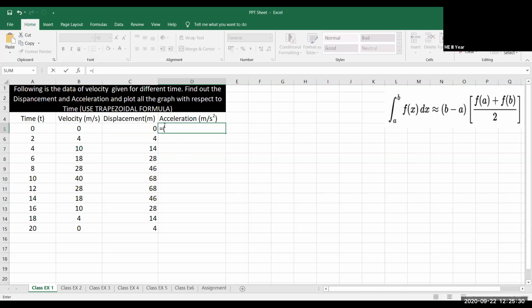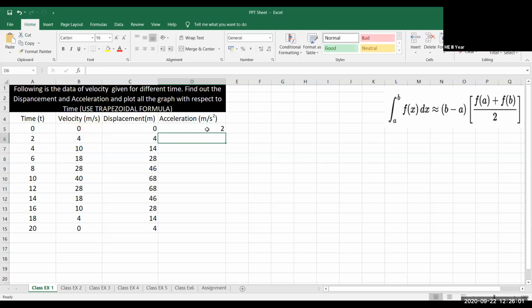Always use the proper bracket, otherwise sometimes you will get the wrong result. That's why every time I am using brackets where required. Similarly after that, the time period, so T2 minus T1. Now hit enter, you will get the value.